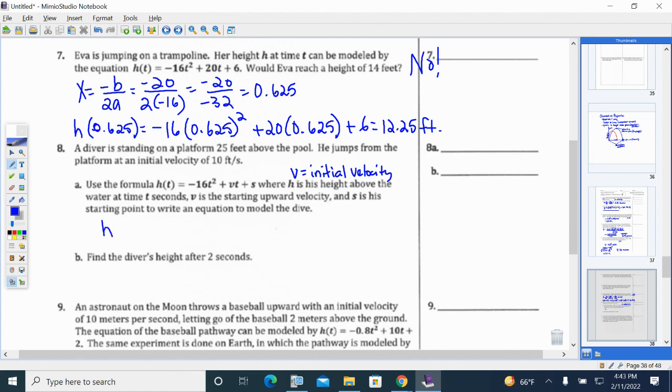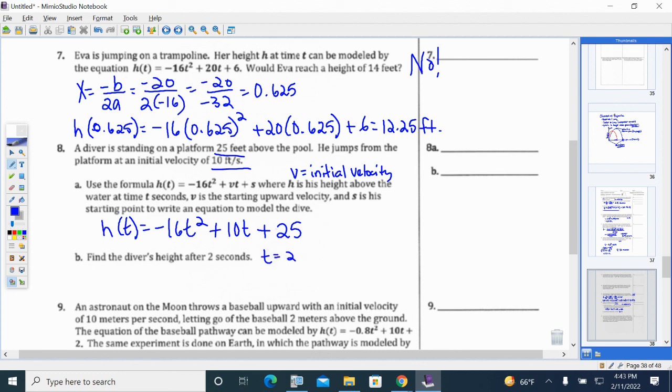So the h of t is going to equal the negative 16t squared. That's not going to change. Plus his initial velocity is 10 feet per second. So this is going to be 10t plus he's 25 feet above the pool. So there's our equation. And it says find the diver's height after 2 seconds. Remember that seconds is your x or your t.